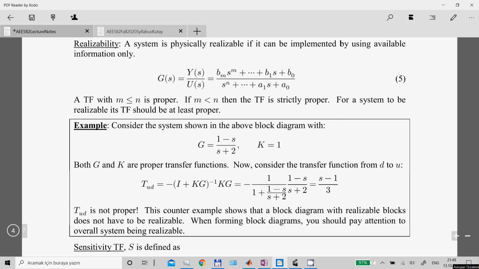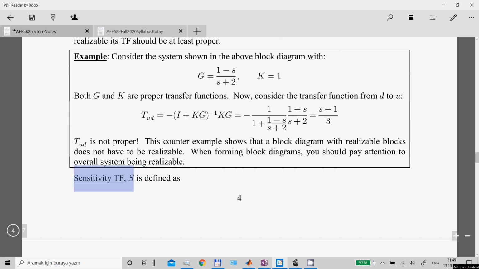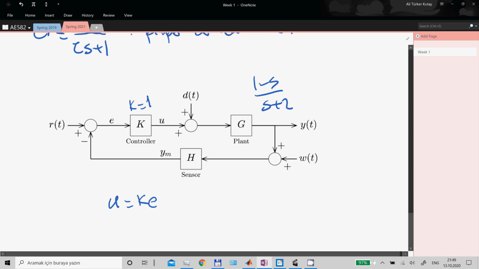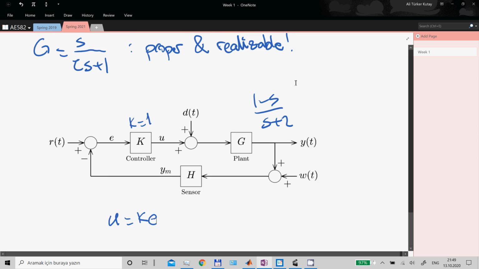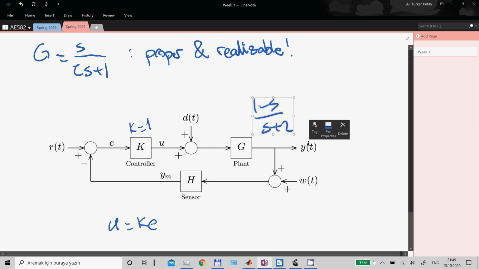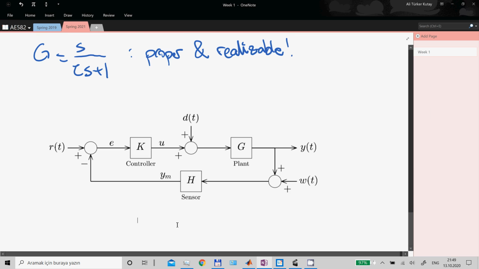Now let's define some important transfer functions: the sensitivity transfer function and the complementary sensitivity transfer function. For this, we're considering the system with the sensor block being equal to identity. This is the block diagram we're considering, except that we're assuming H is equal to identity.